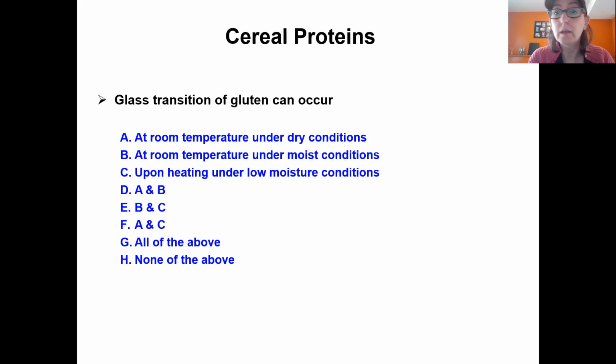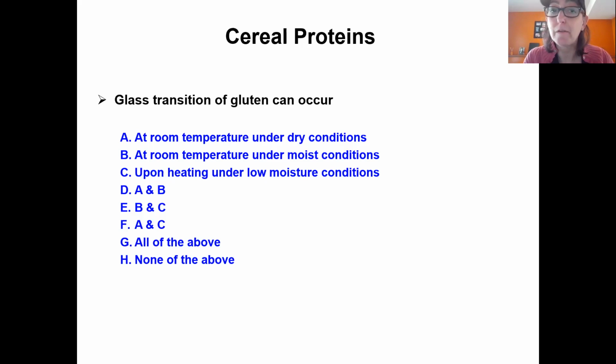So what do you think is the answer? It does not form at room temperature under dry condition. The water facilitates glass transition at lower temperature. So you want some moisture, some amount of water, to facilitate the conversion from a glassy state to an amorphous state, a more flowy state, in order for the protein to become flexible and form the gluten structure.